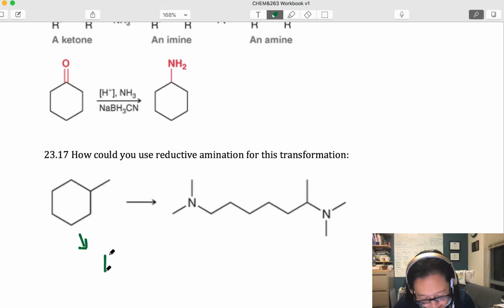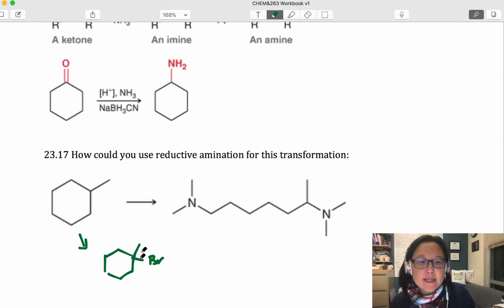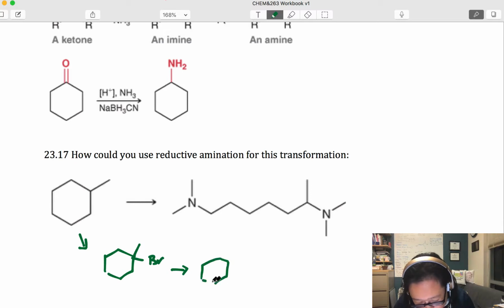Remember we made alkanes reactive by brominating them. So you could brominate them selectively at the tertiary carbon. And then we can do an elimination. So maybe we could make that into a double bond. And then the idea would be maybe cleaving here and opening that up.